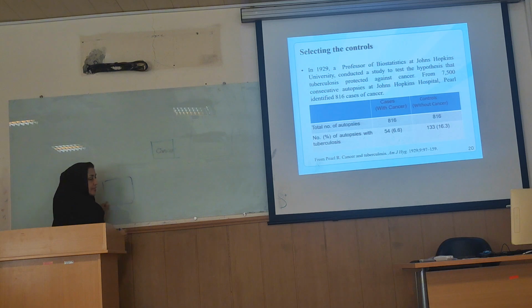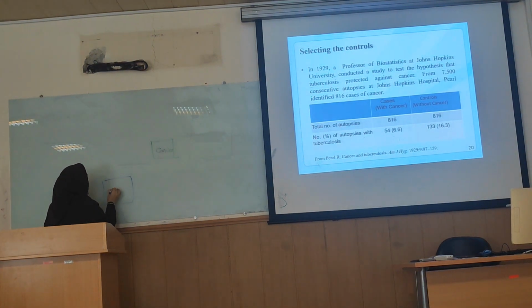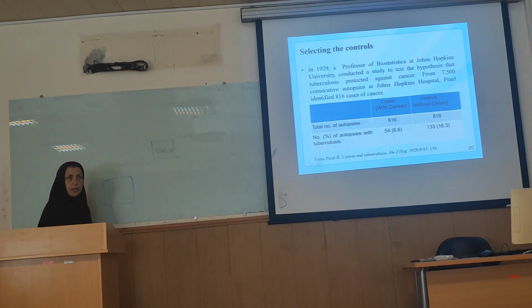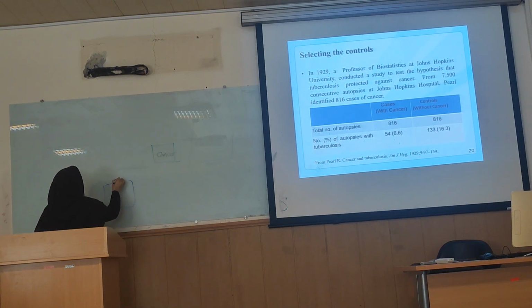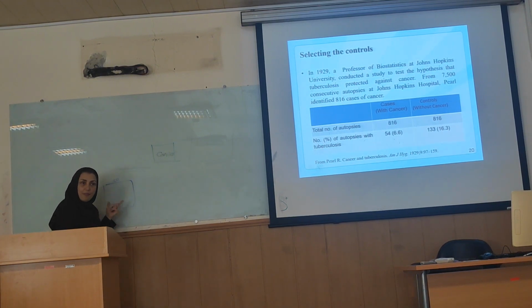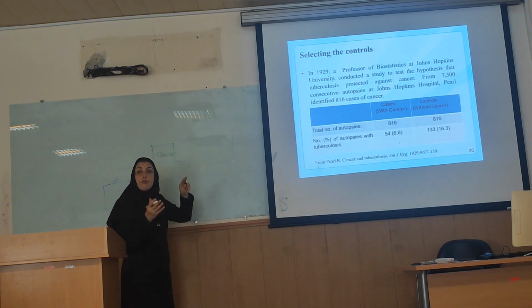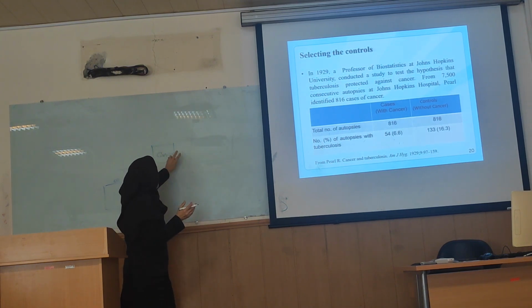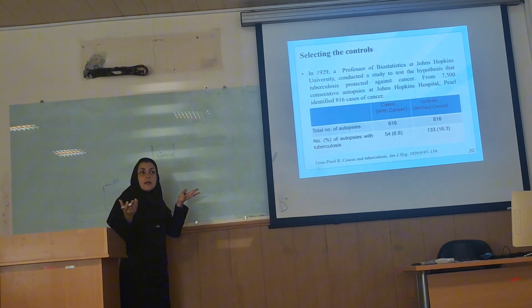In the community, for example, the prevalence of tuberculosis is 10%, so out of 100, 10 have tuberculosis. But here, since the center is a referral for tuberculosis, among non-cancer patients the rate of tuberculosis is higher than in the community. Why? Because the reason for hospitalization was tuberculosis.